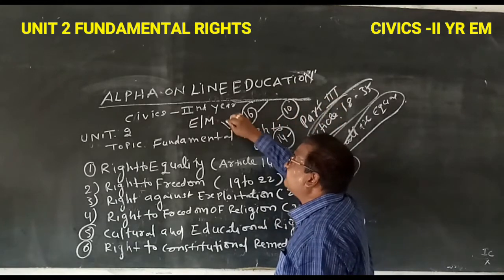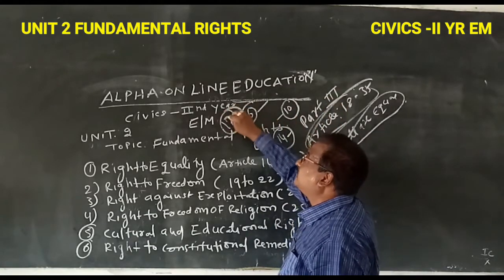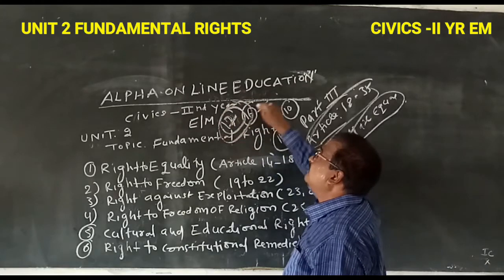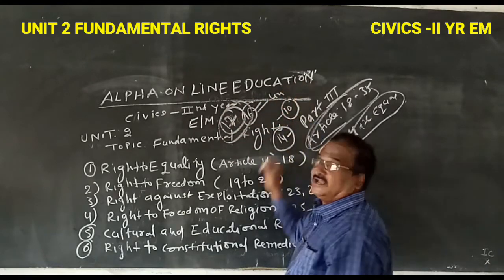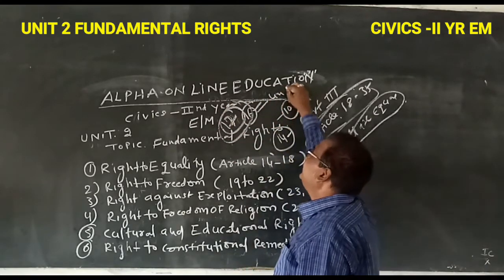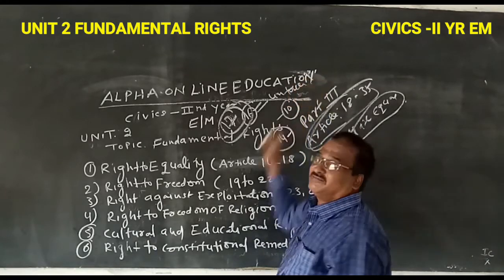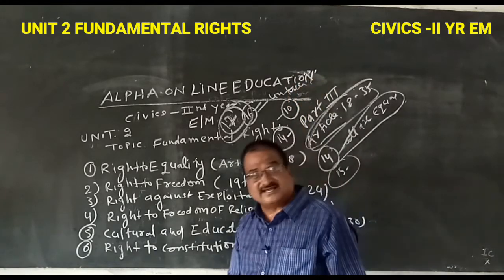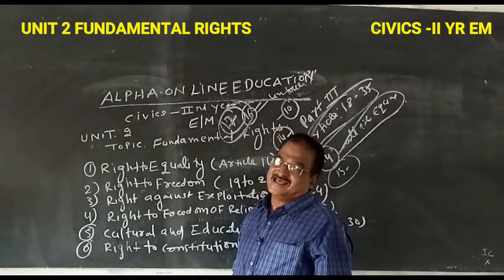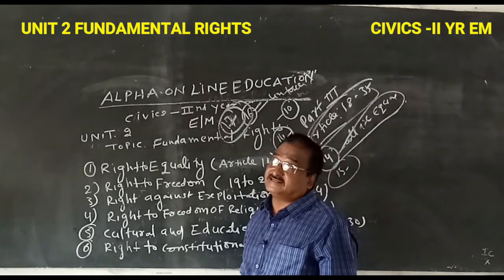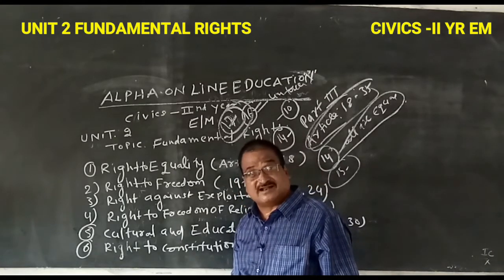Article 17 is the most important article. Untouchability is a crime. Article 17 says untouchability is a crime. It is a very important competitive examination question: what does Article 17 say?